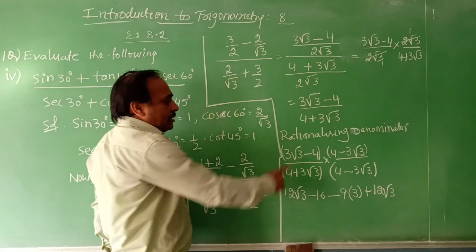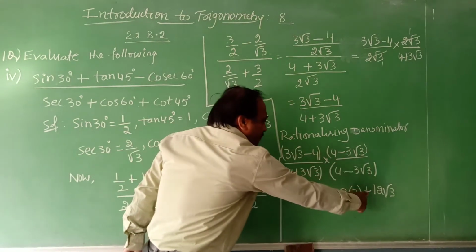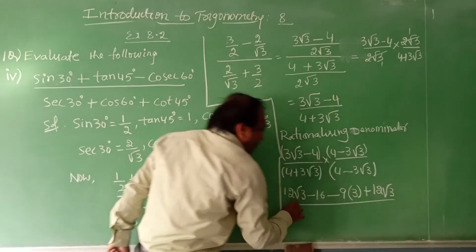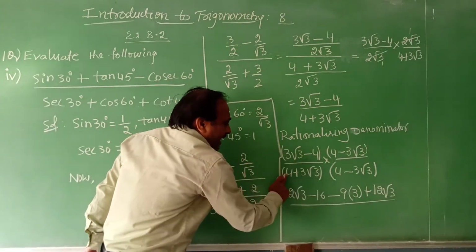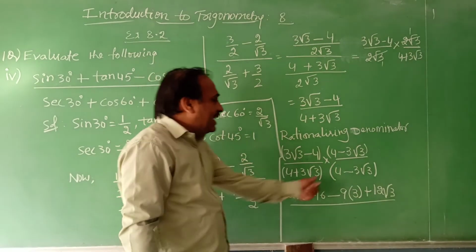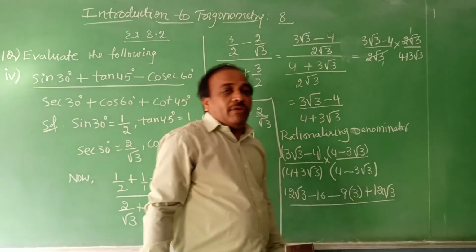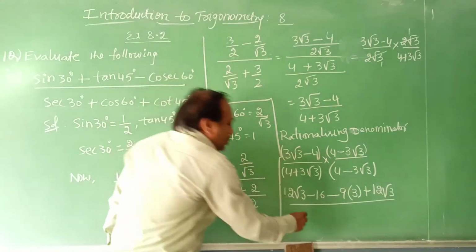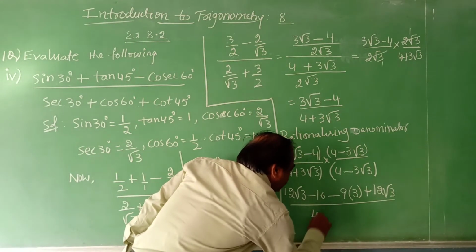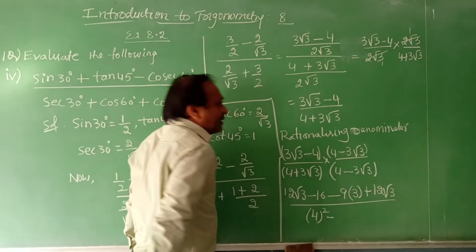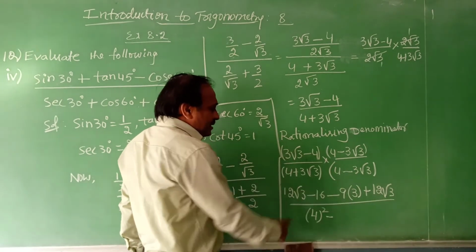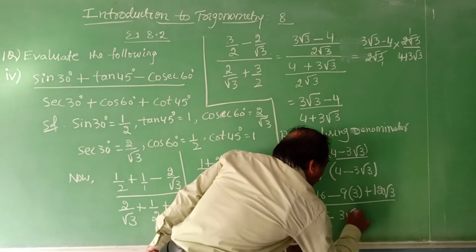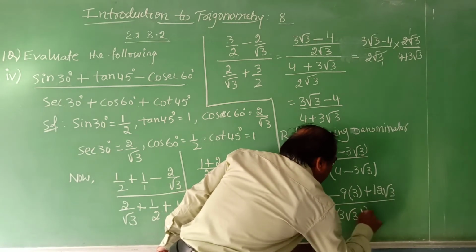By, observe this part, a plus b into a minus b. What is the identity? A square minus b square. So 4 square minus 3 root 3 whole square.